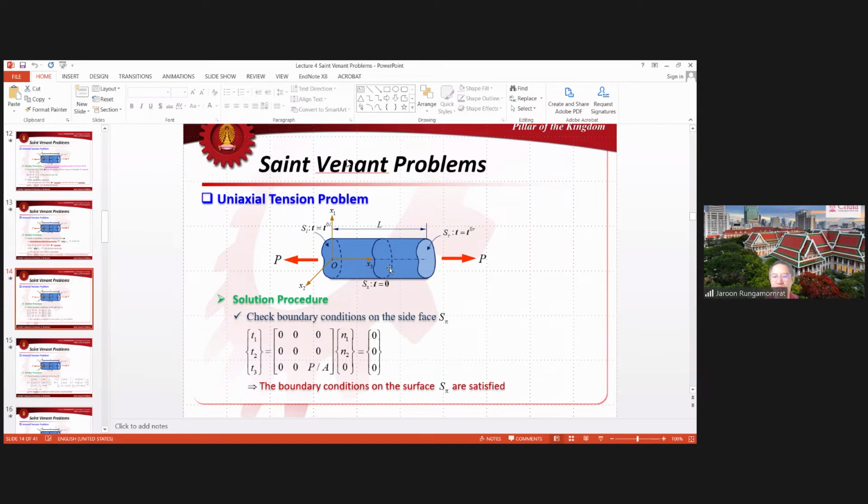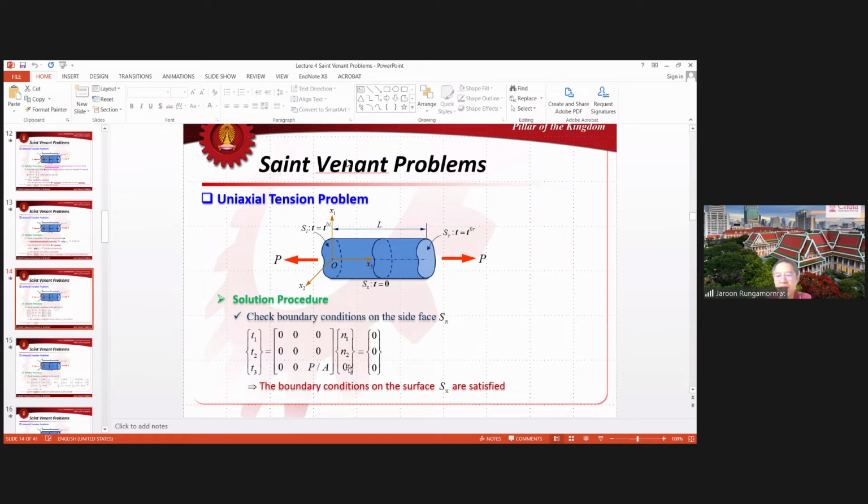The shape is arbitrary, so we cannot write n1 and n2 in any specific form, because here I didn't specify the shape of the cross section. I just say that the cross section is arbitrary. So the form of the unit normal vector is simply n1, n2, and 0.